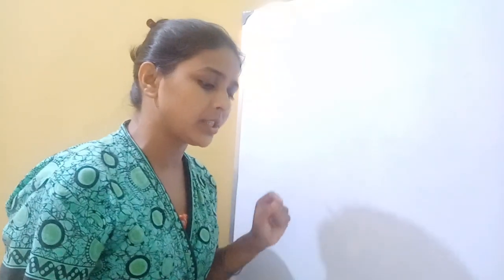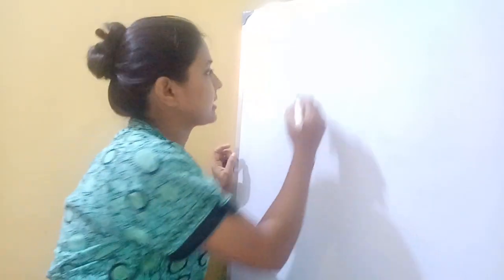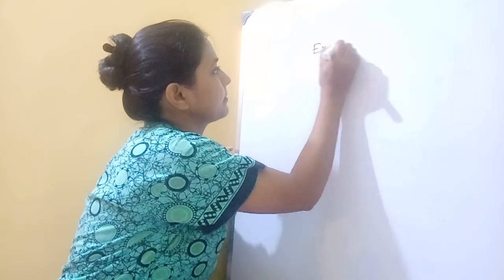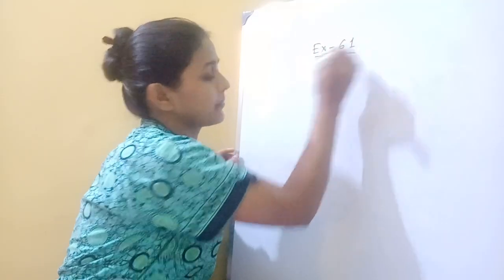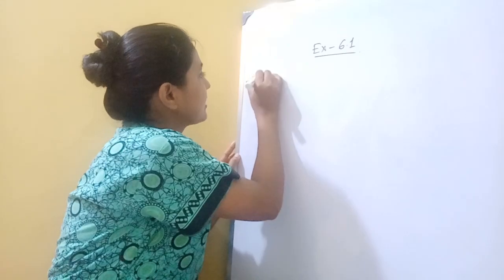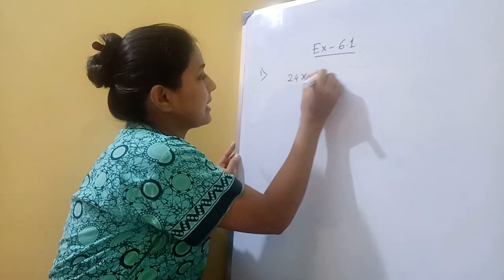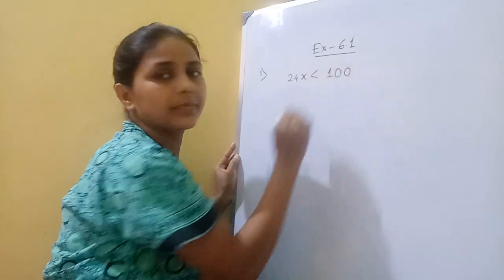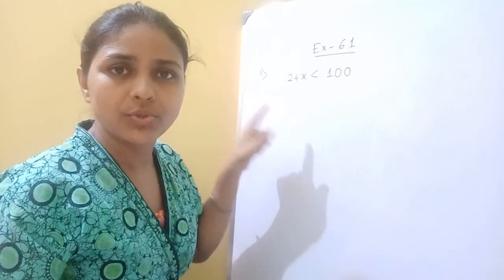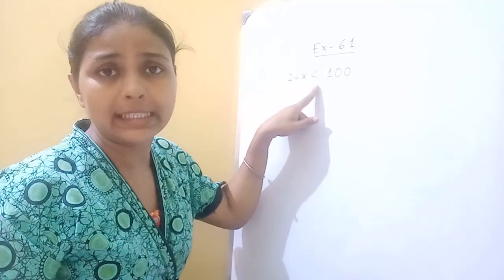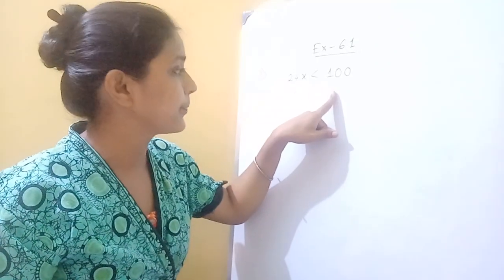Now the first question that I am seeing here, exercise 6.1, number 1: solve 24x less than 100. This one you need to solve, 24x less than 100, right?